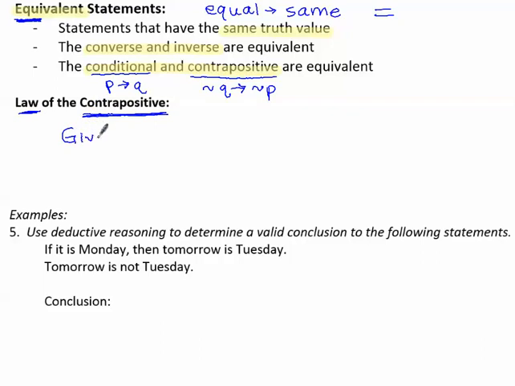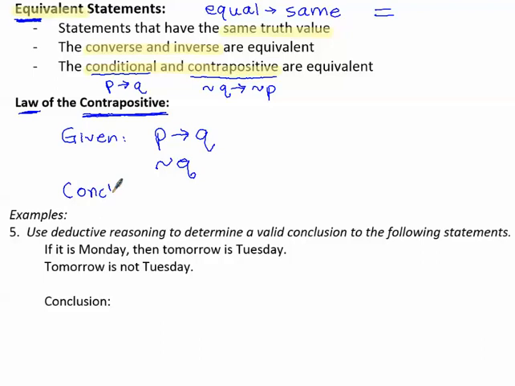For example, you could be given P arrow Q, some statement, if P then Q. You might also be given the negation of the conclusion, not Q. So you're starting with the conclusion and negating it.